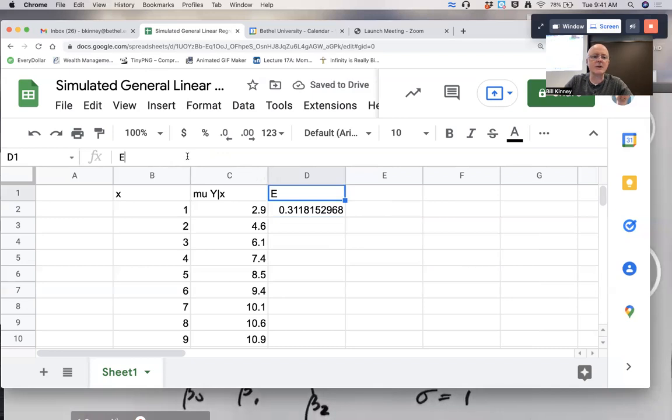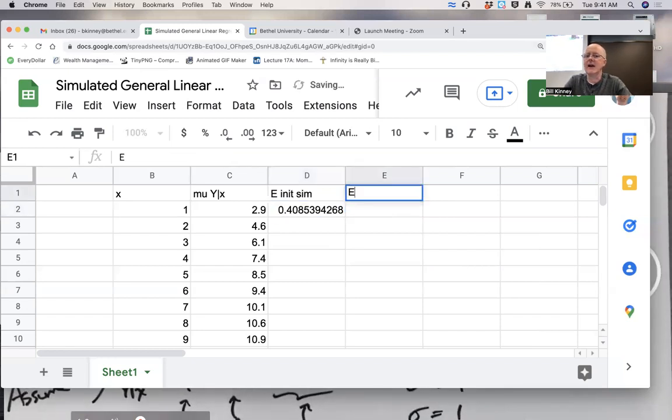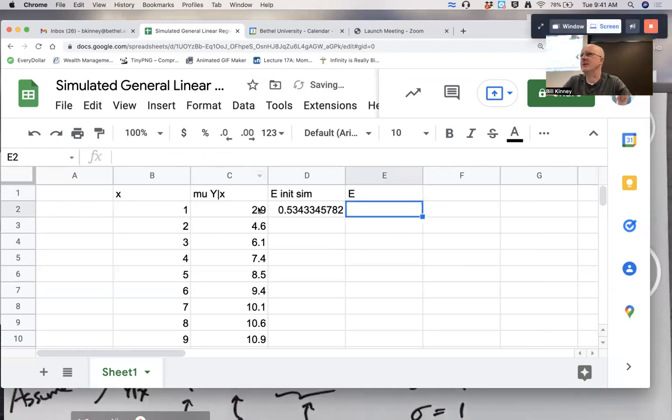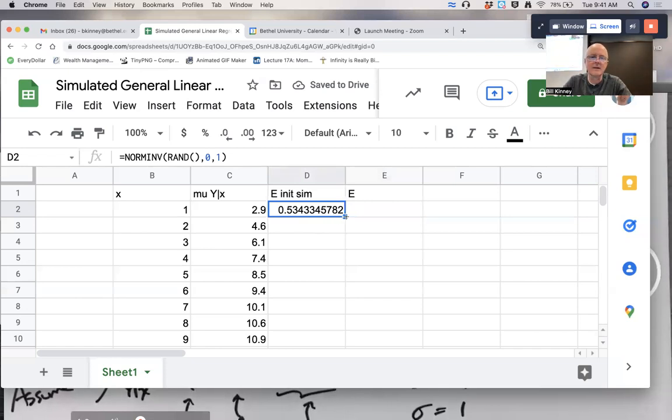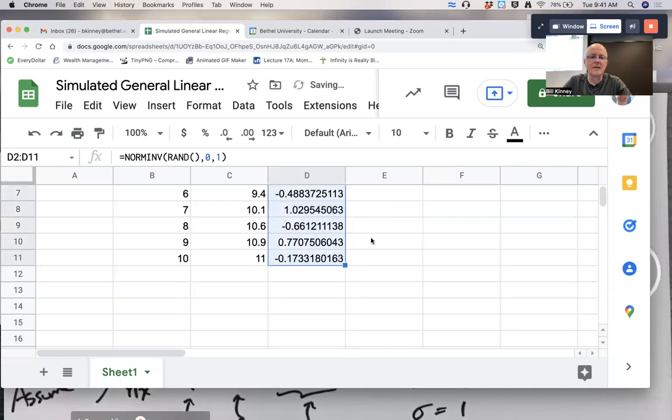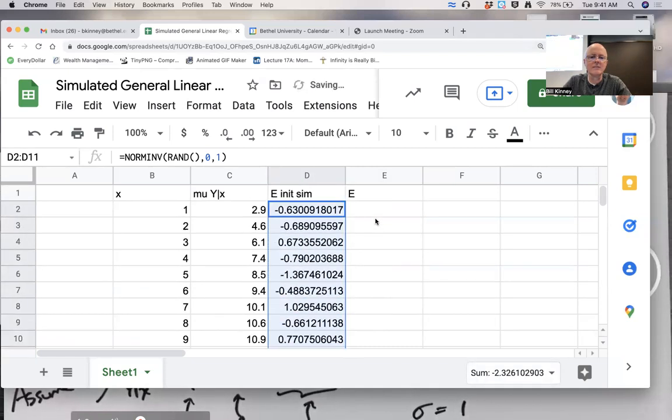Actually, maybe I should do E initial simulation, and then we'll have an E that represents frozen values. Not that you have to do that, but it's kind of nice to not have it change every single time. There we go.